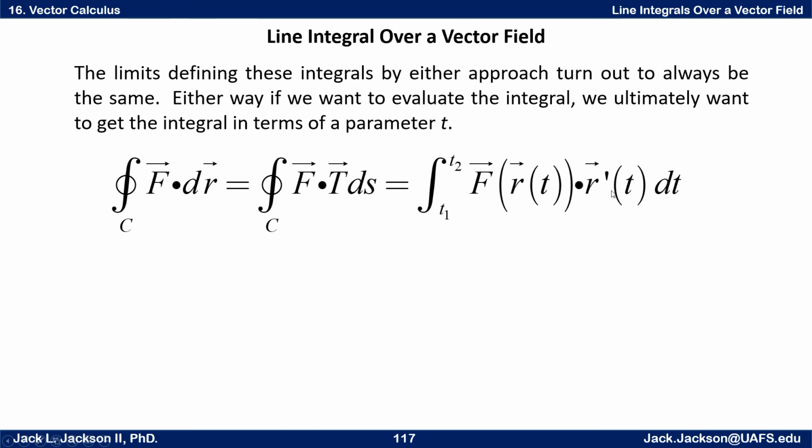Then you have your r prime vector. We do a dot product, and that gives us the thing we want to integrate, a function of just t alone. Then we do the integral, which is a good old Calc 1 problem now.